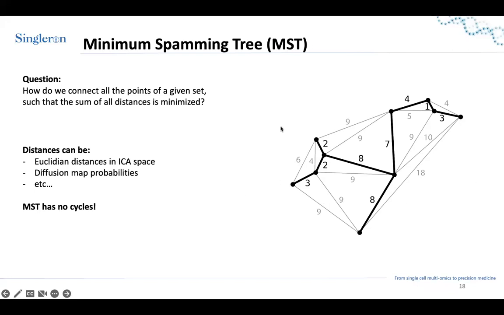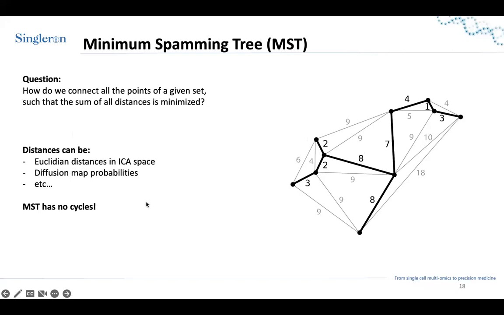So this is the idea of a minimum spanning tree. In ICA space, the distances would be the Euclidean distances, as I said, and if you reduce the dimension with diffusion map, then it would be the probabilities that would indicate the value of these connections.